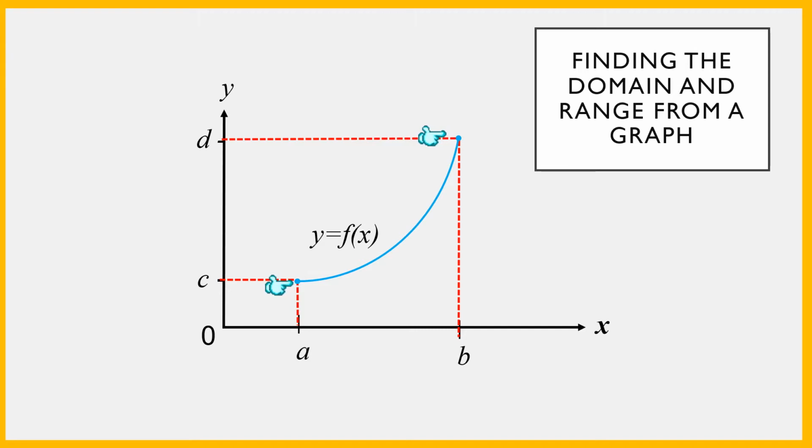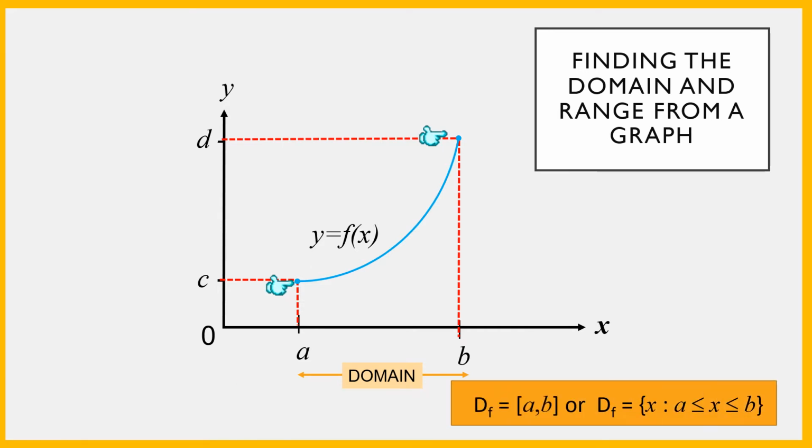Hence, the domain of f is the x values that range from a to b and can be written in interval form as square bracket a, b, or in set form as x such that x lies between a and b, where a and b are inclusive.